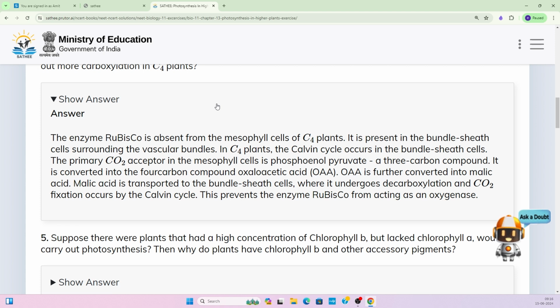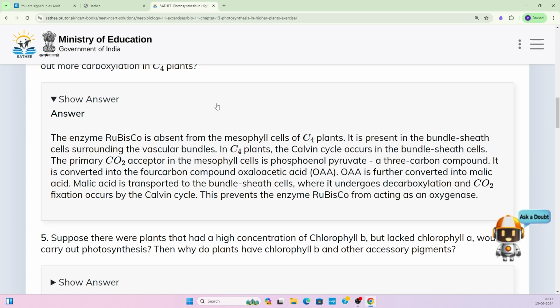So this is a very, very important point. Why is this called oxaloacetic acid? This plant is called a C4 plant because the first stable compound is the oxaloacetic acid and that is why it is called a C4 cycle. Further, when the oxaloacetic acid is formed in the mesophyll cell, right?